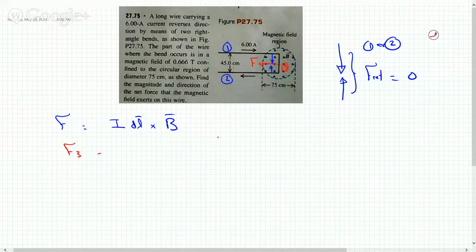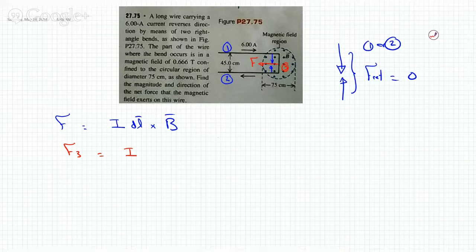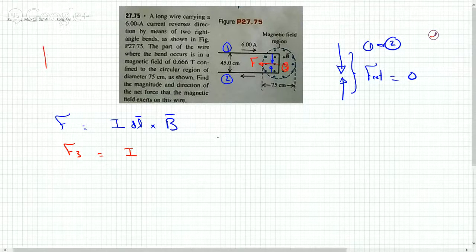So if I were to find my F3, that's just I. And then if I call my dl, so if this is my X and this is my Y, dl would just be minus dy crossed with, so if I call my Z to be out of the page, this is times the magnetic field B in the Z direction.